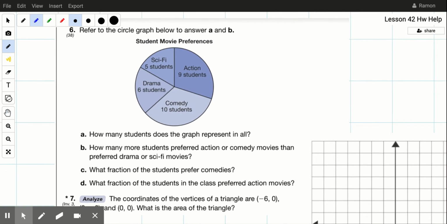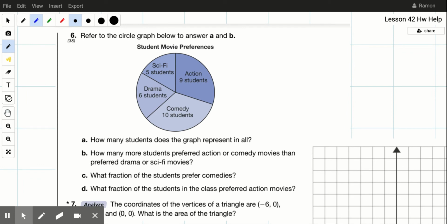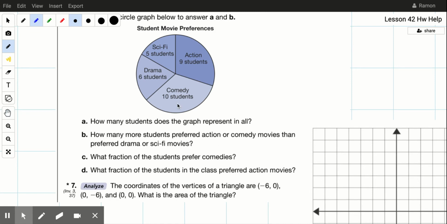All right, number 6, refer to the circle graph to answer A and B. Student movie preferences. 5 prefer sci-fi, 9 prefer action, 10 prefer comedy, 6 prefer drama. How many students does the graph represent in all? So the total number of students is given by the sum of all the sections put together.